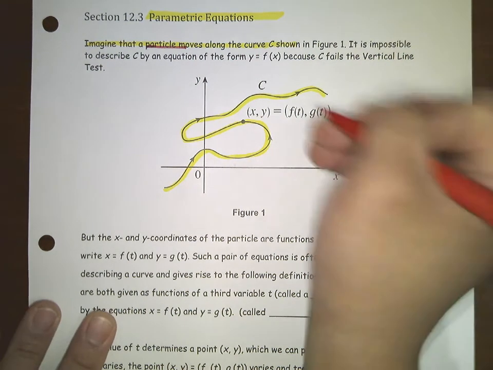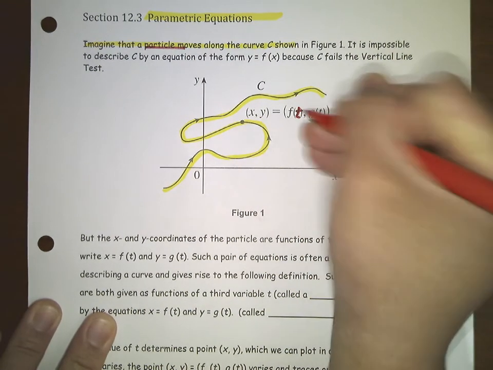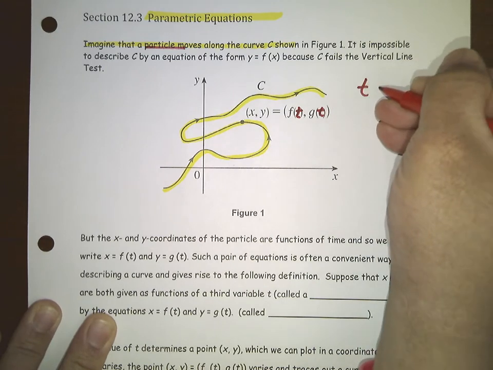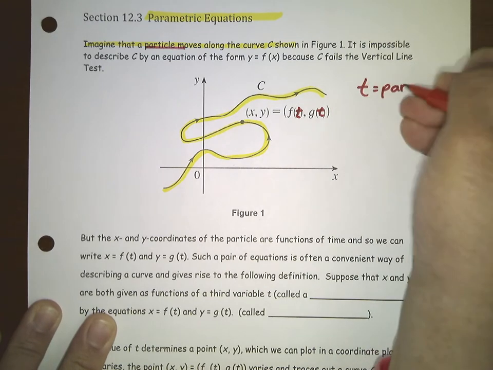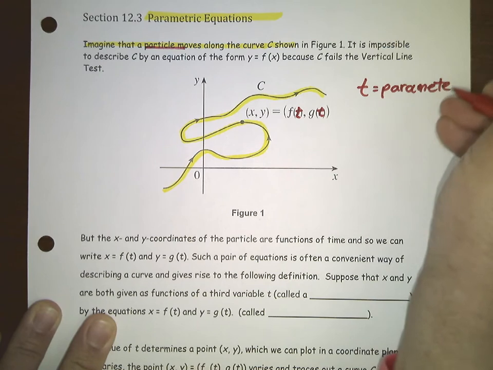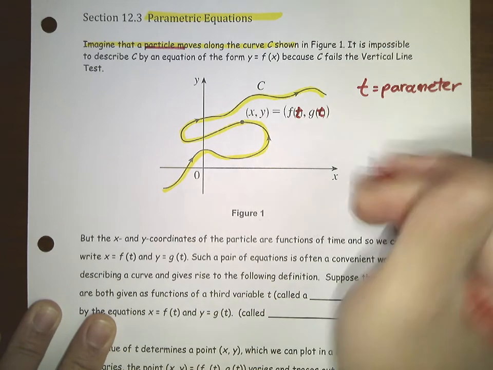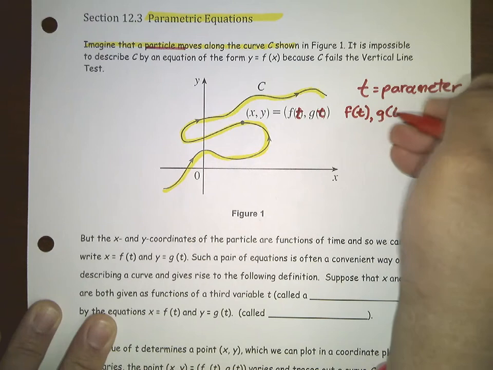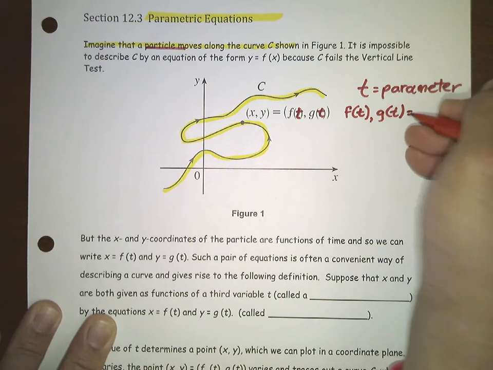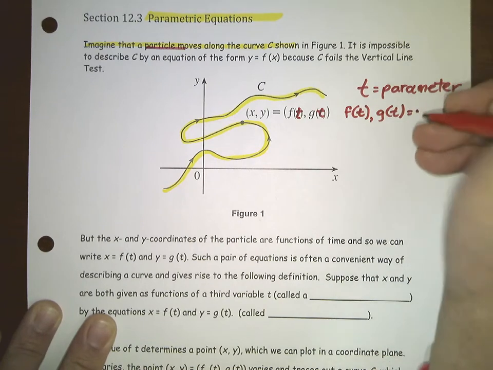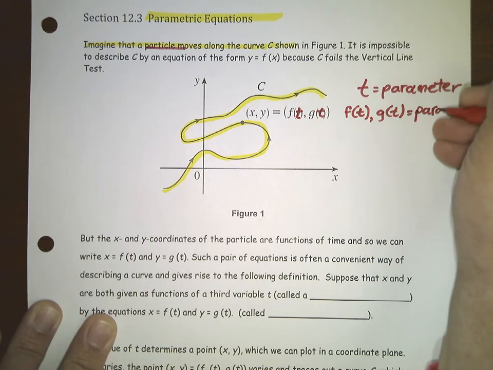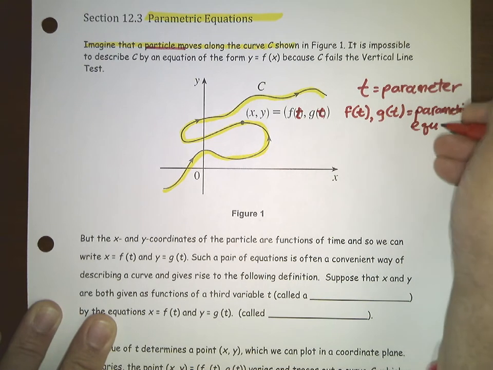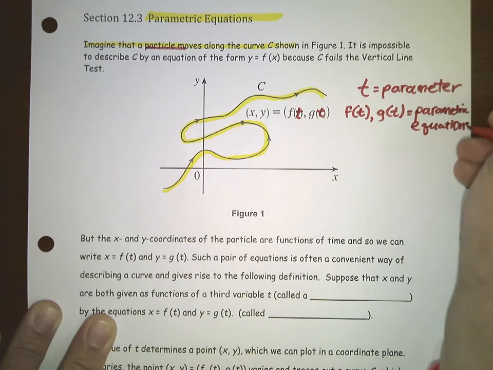This other variable t right here is what we usually call a parameter, and the f of t and the g of t are called parametric equations. That's what this section is all about.